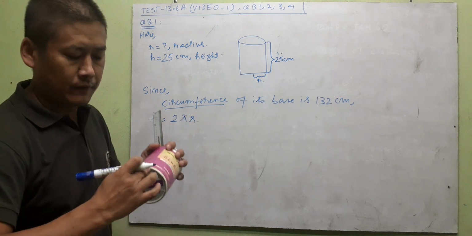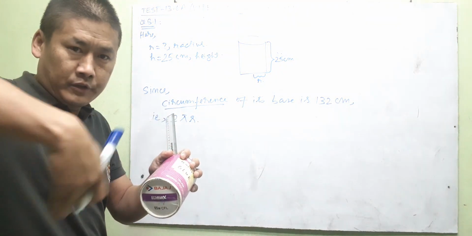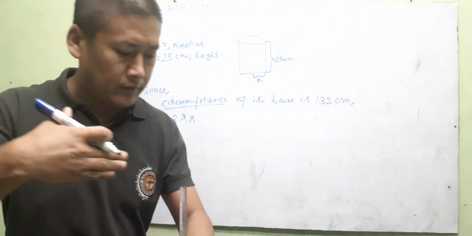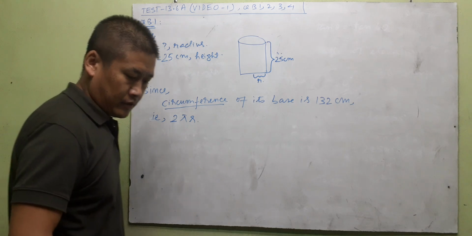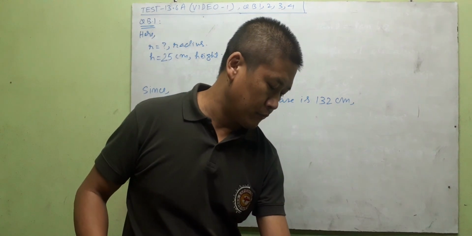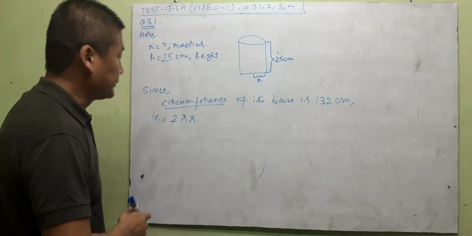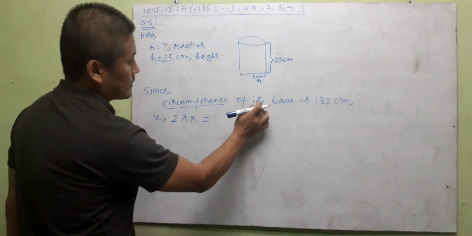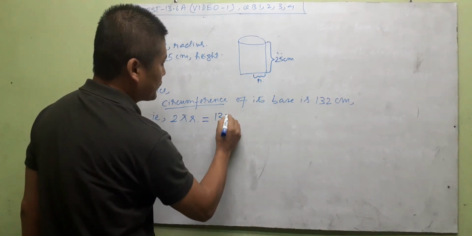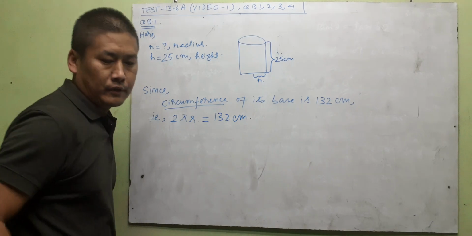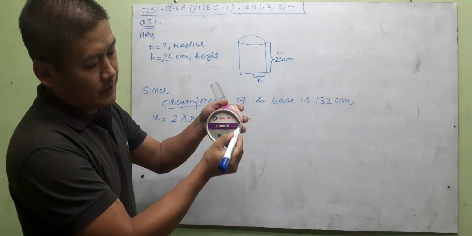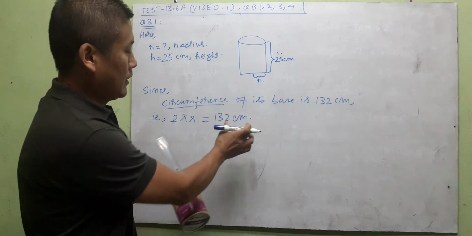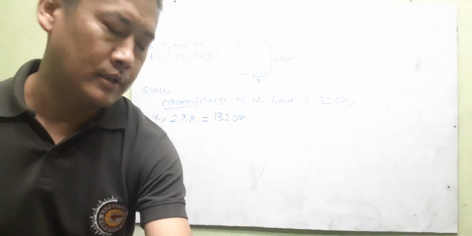Every time you cover one round of a circular ground, you run around it, you're running in other words 2 pi r distance. So we need to keep that in mind. Now the circumference equals 132 centimeter. In other words, if you measure with a measuring tape from here to here one round, that is 132 centimeter long. That is the circumference of the base.